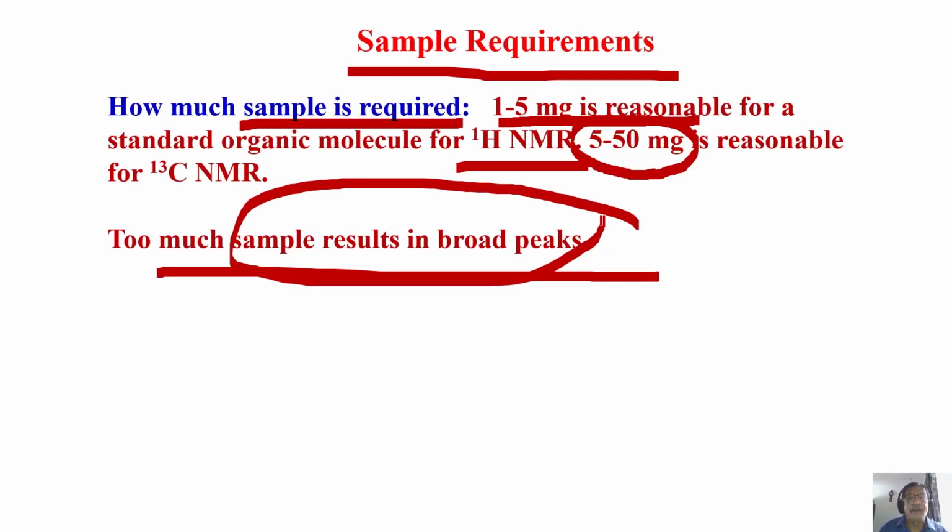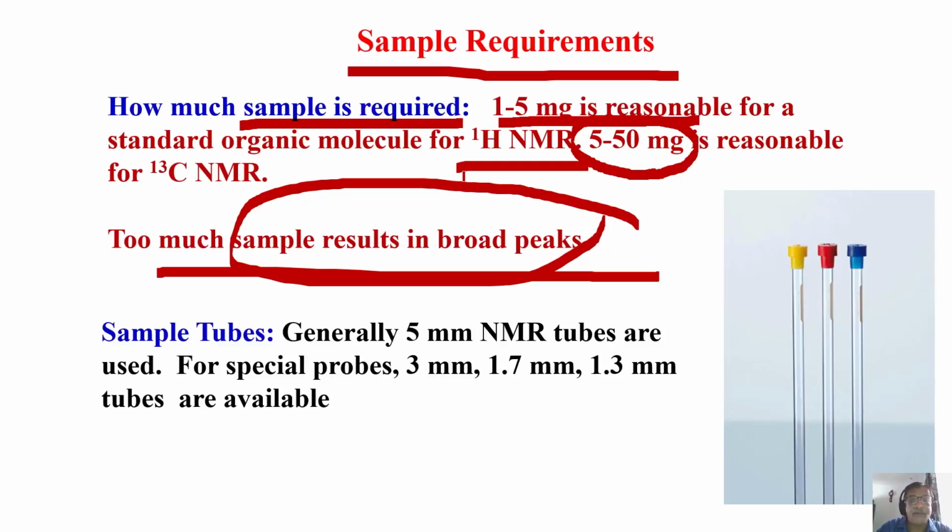You can't take too little either, because it takes more time to get the signal. At the same time, just because you have a lot of sample, you cannot take too much, as that gives broad signals. What I have mentioned is only a guideline. Of course, you can decide the way you want.